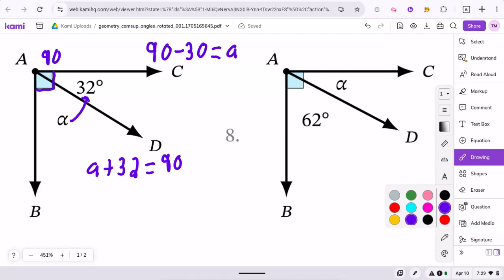Either way is fine. If you did it using algebra, you would just subtract 32 on both sides. These would cancel. A equals 90 minus 32, and you would get 58. And I wrote 30 instead of 32 up here. That should be 32.